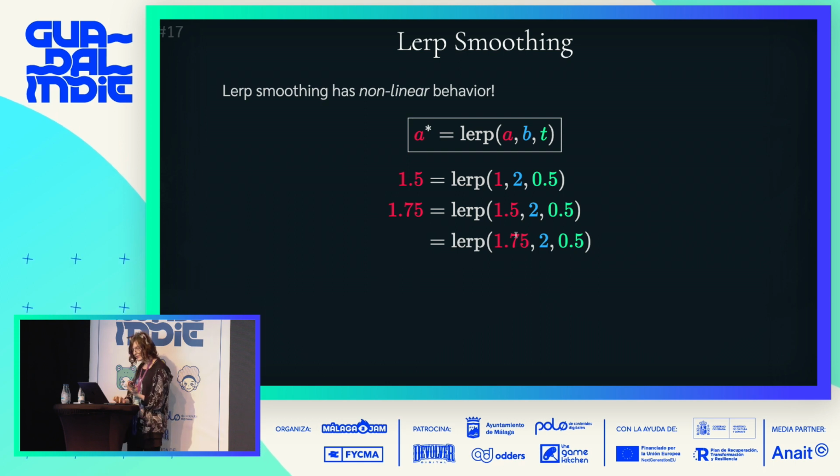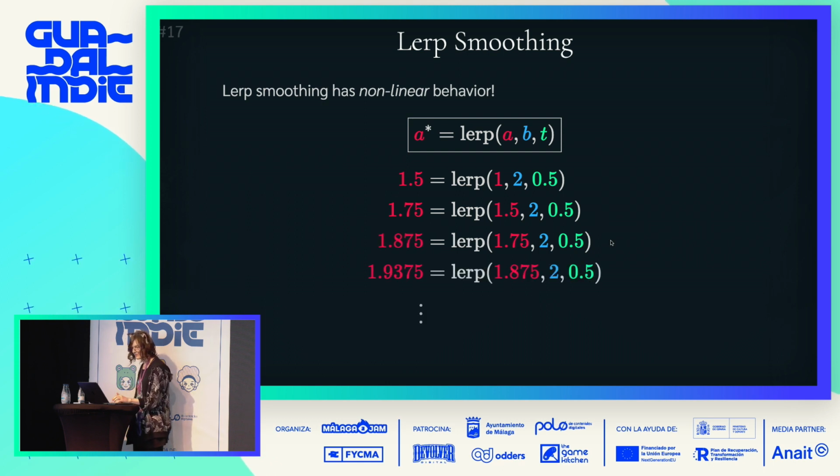You can see how this continues, right? This is how lerp smoothing operates. Notably, the step between all of these values decreases over time. It becomes smaller and smaller and smaller. That's why we have this nonlinear behavior, because the percentage of halfway becomes shorter and shorter.